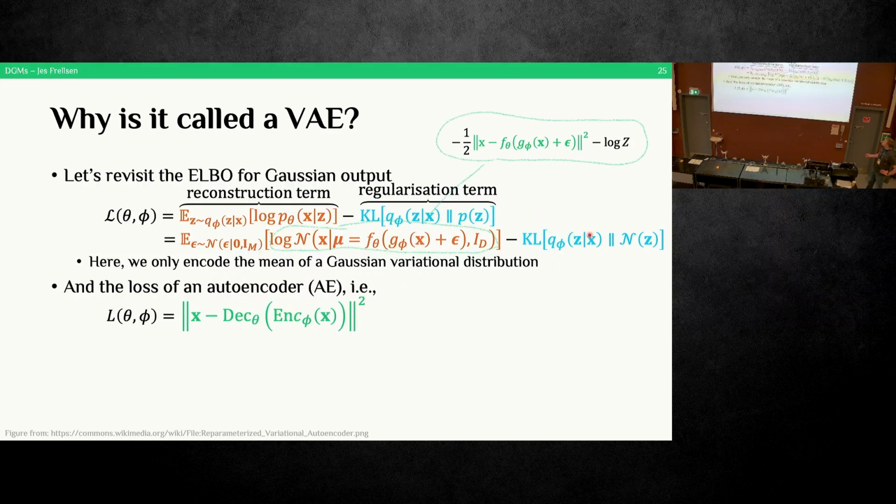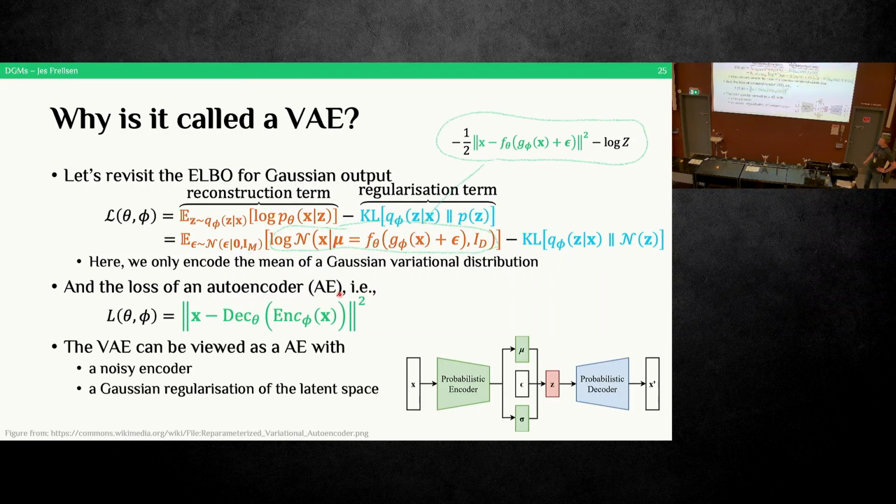And this one is just ensuring that when I encode stuff, on average it looks like a Gaussian distribution. So I can really view a VAE as an autoencoder where, instead of having a deterministic encoder, I have a noisy encoder. When I encode stuff, I add noise. And then I also have a regularization of the latent space.